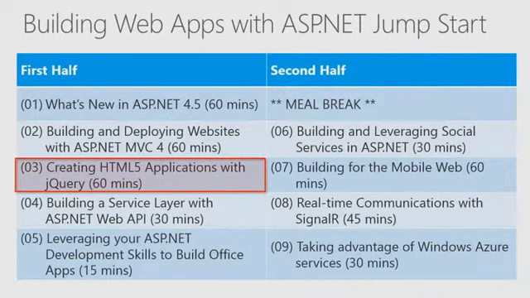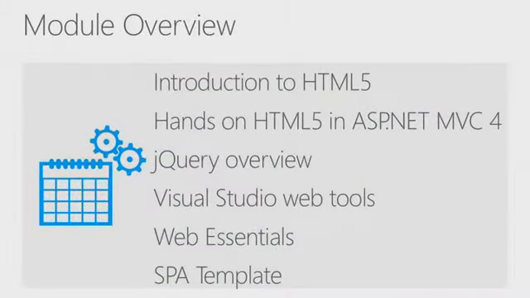The overview of the module is going to be a general understanding of what exactly is HTML5. It's a little bit of an overloaded term. We'll do a little bit of hands-on work in HTML5 and see what it's like in Visual Studio, some of the new editor improvements for HTML5. We'll talk a little bit about jQuery, why we think jQuery is great, why jQuery won when it comes to DOM selection, things like that. Absolutely.